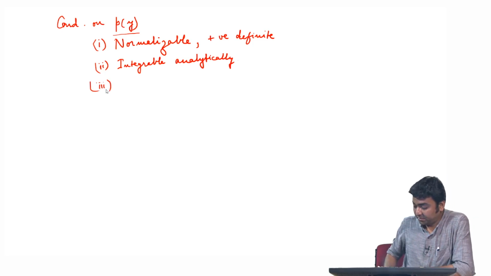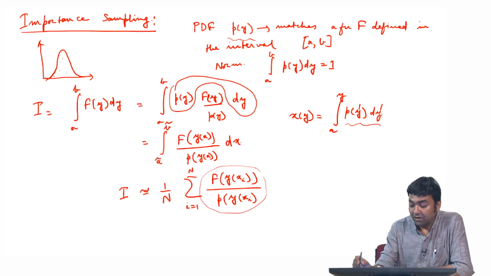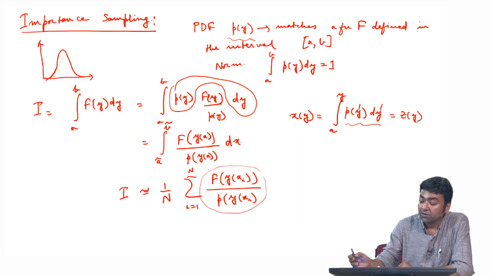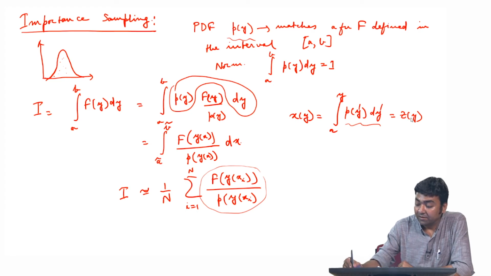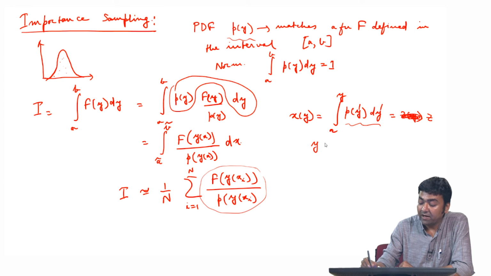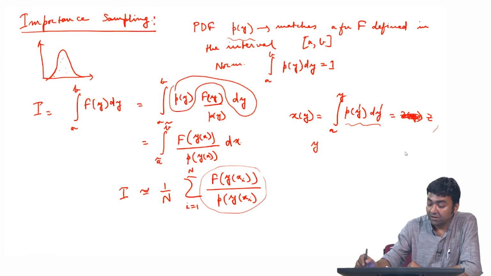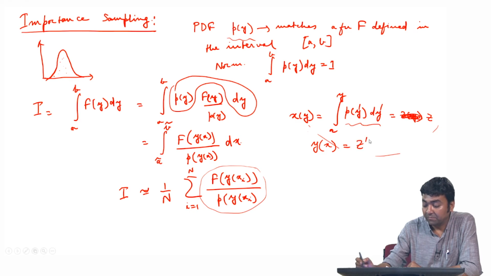And the third condition is, assuming that you can solve this integral analytically, say you will get some value, let us say z(y). To get y, I need to invert this equation. I need to write y as a function of z, some z prime.